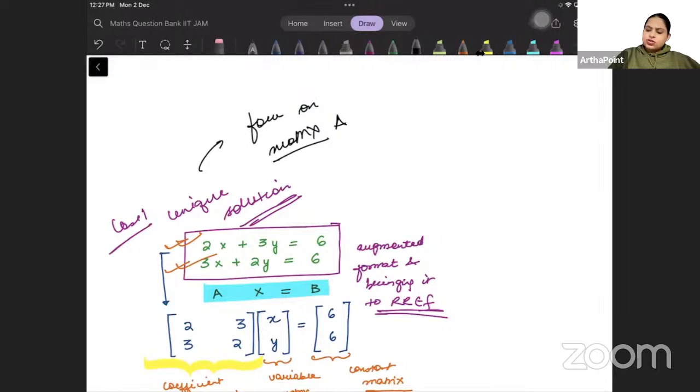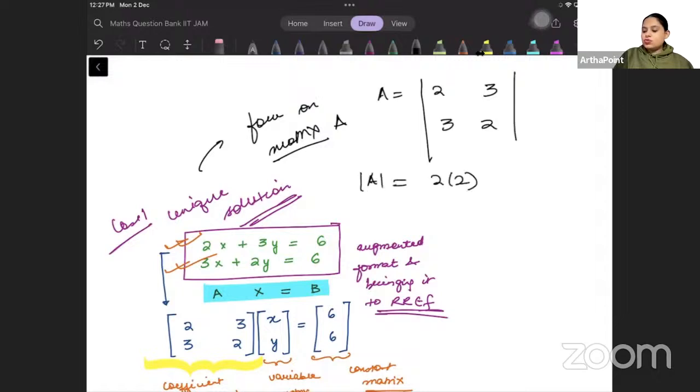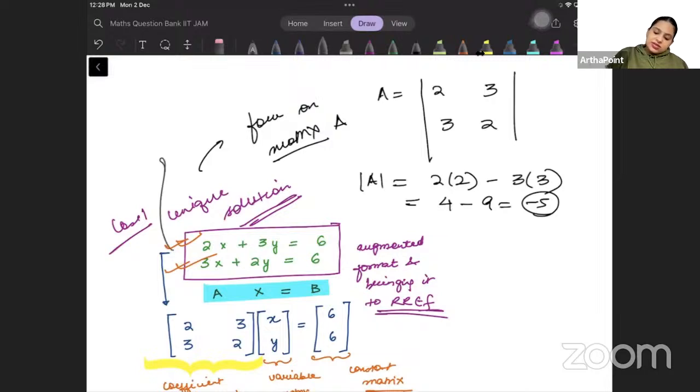If I find the determinant of this matrix, 2, 3, 3, 2, we get the determinant as 2 into 2 minus 3 into 3, 4 minus 9, that means minus 5. So I am getting a non-zero determinant, which means that this is a non-singular matrix.